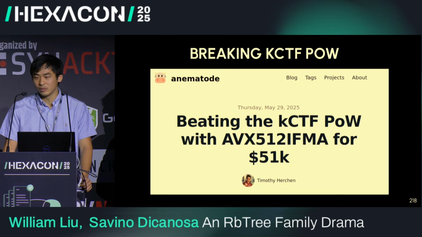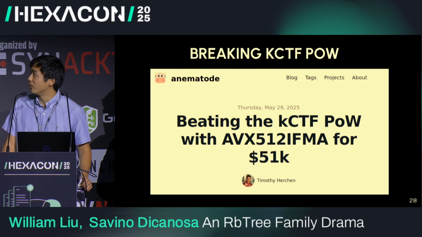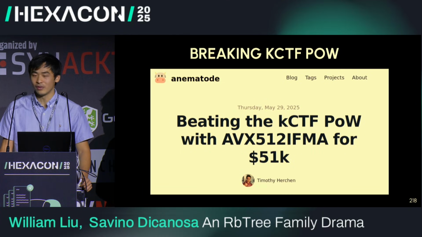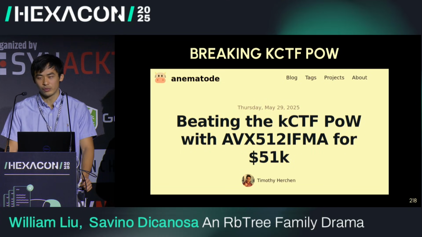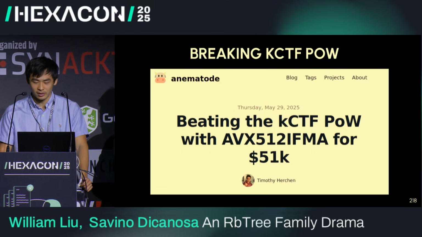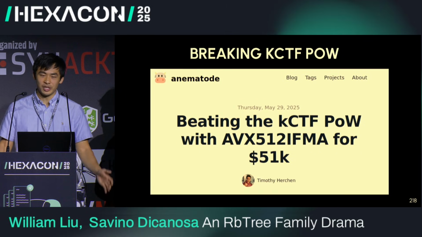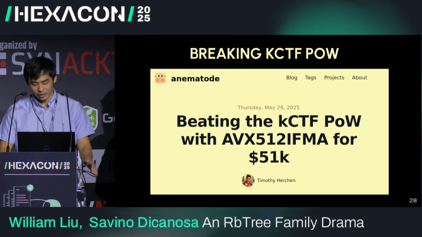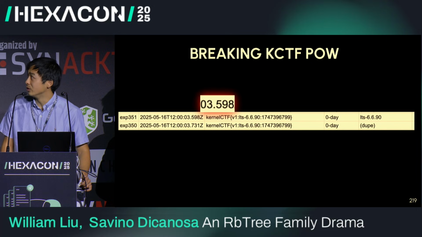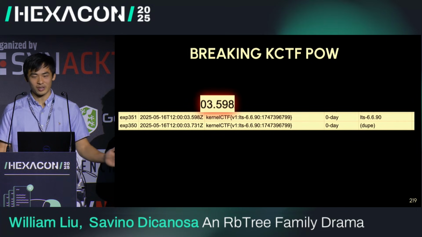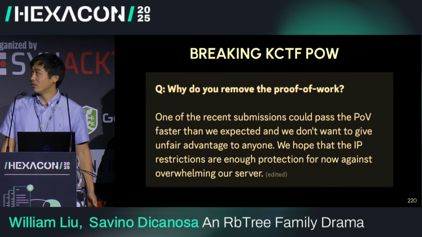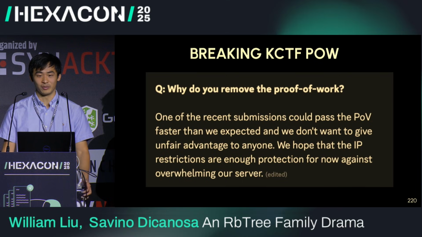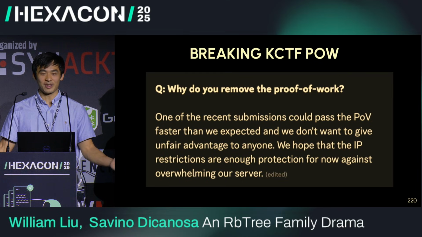But we basically really optimized multiplication with Zen 5's AVX512 IFMA extensions and got the proof of work solver down to 0.2 to 0.4 seconds. Along with some other optimizations in the Google form submission, we got the total submission time down to 3.6 seconds, a record time for kernel CTF. And because of us, they removed that proof of work component from future bounty submissions. So you guys can thank us for that.